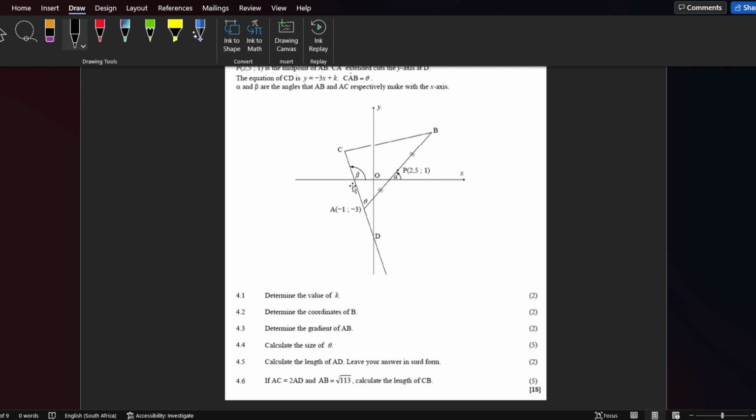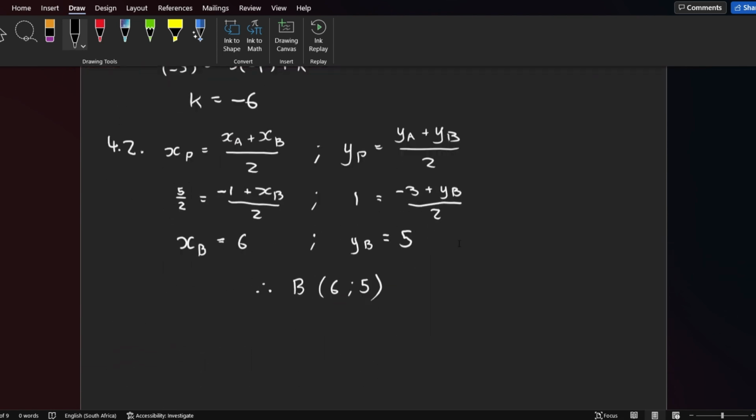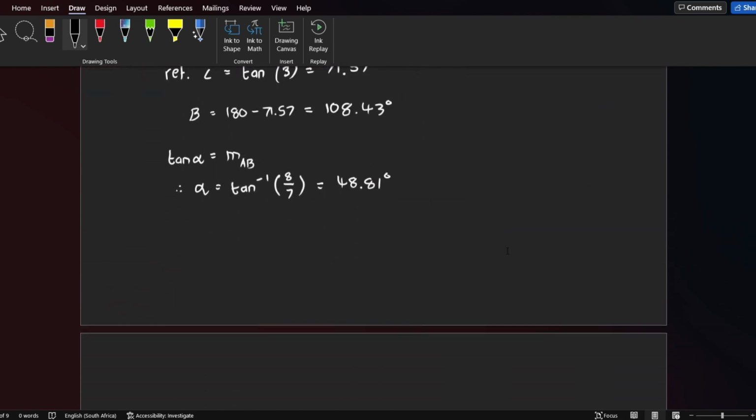An alternative method would be to determine this angle here, which in fact we have already determined because we've calculated the supplementary angle of angle beta, and then we know that this is equal to angle alpha because of vertically opposite angles, and then we can use our sum of angles in a triangle to solve for theta. So let us go ahead and do that.